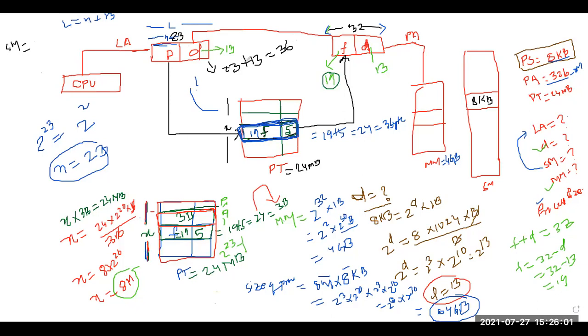It will be 2 to the power of 6 into 2 to the power of 30. So it will be equal to almost 64 GB, which is nothing but the size of the process. We are assuming the entire process is completed.